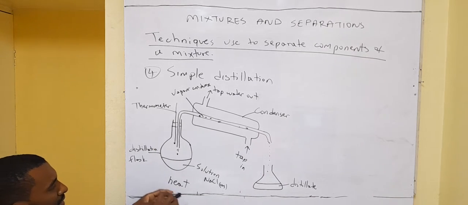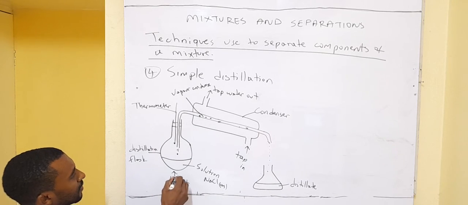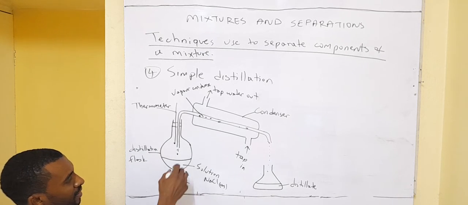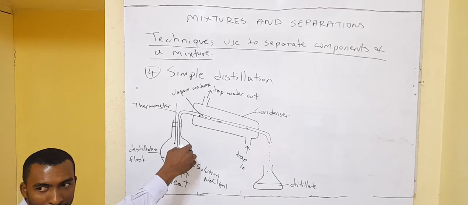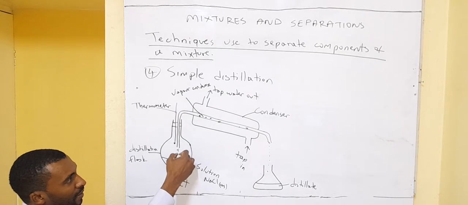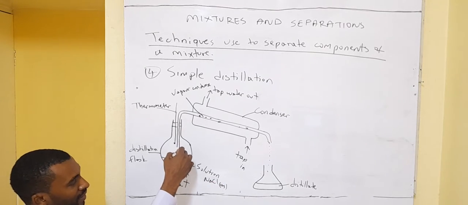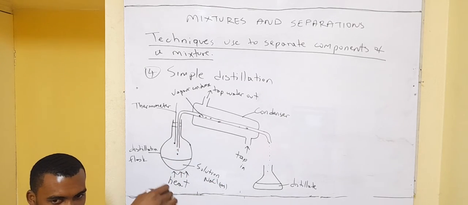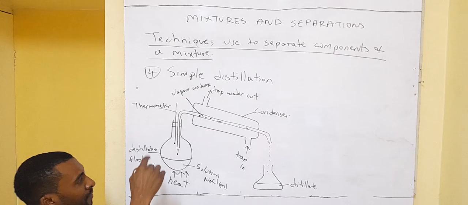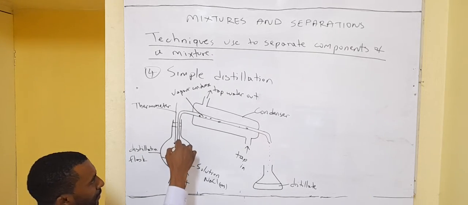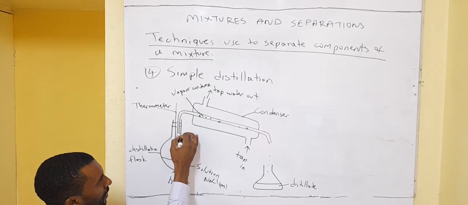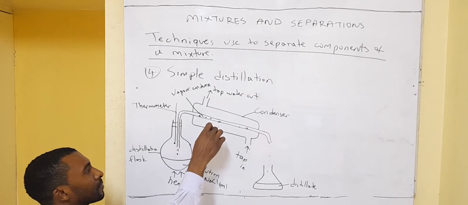After we apply heat to the distillation flask, the water is going to boil. The water vapor, I'm using water here because this is the example, but it could be any solution in which the solvent is the liquid, is going to evaporate and go into the condenser.